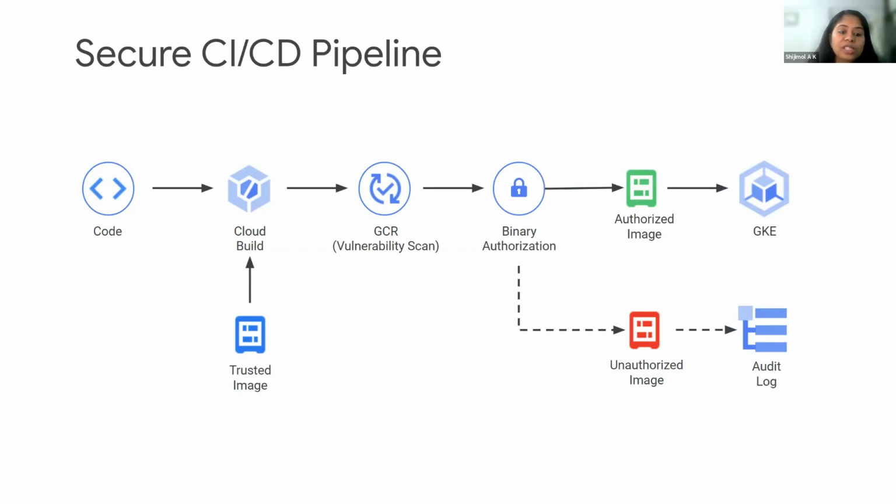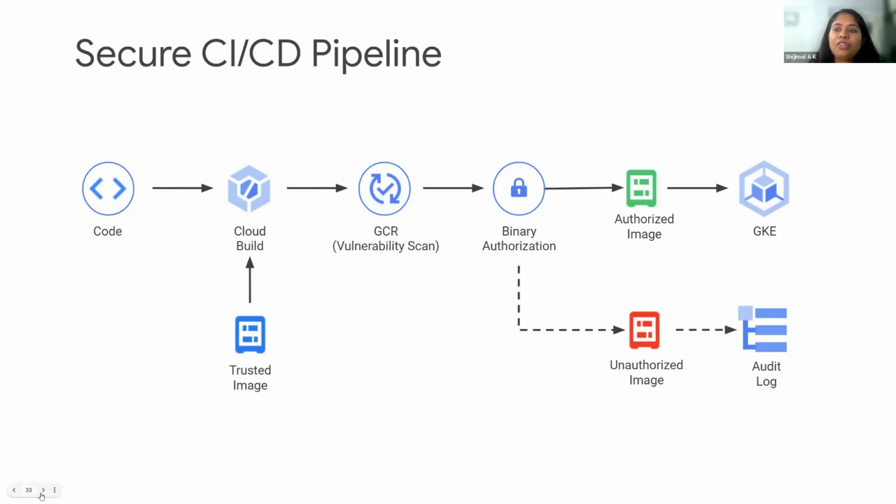Now you can sign that image using a key. That is binary authorization. During deployment, this key is checked, and if the key is not matching, that means somebody tampered with the image. The image you are using is not the one that was signed by your key in your key management service. That means it's a tampered image and it will not be deployed.